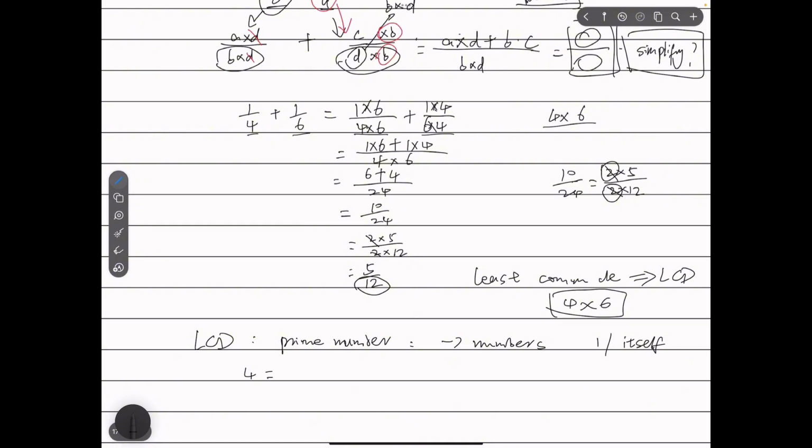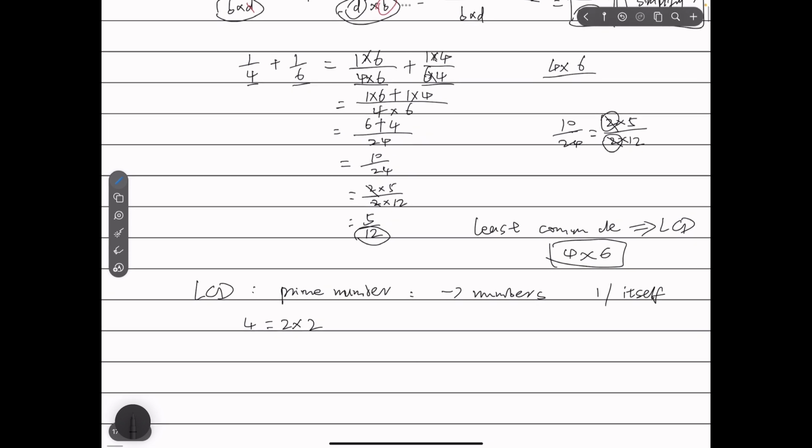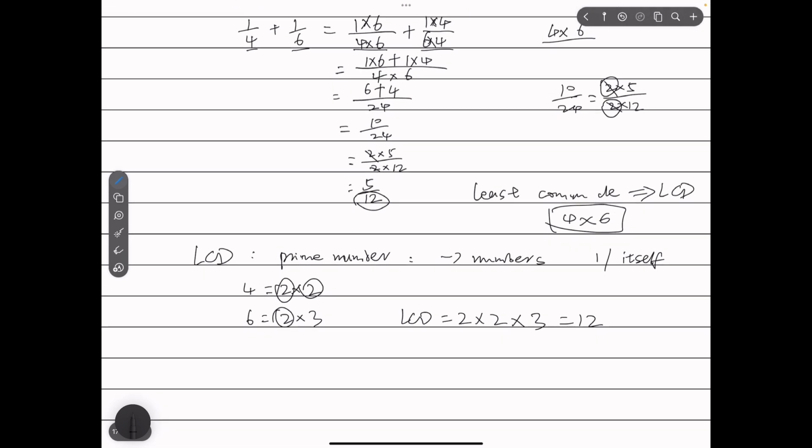So 4 can be 2 times 2. 6 will be 2 times 3. So for the LCD, we find the common numbers. We keep this 2, and times 2. We already have 2 once, so times 3. That will give us 12. So that's the LCD for 4 and 6.